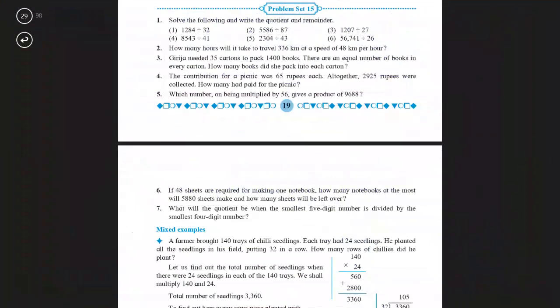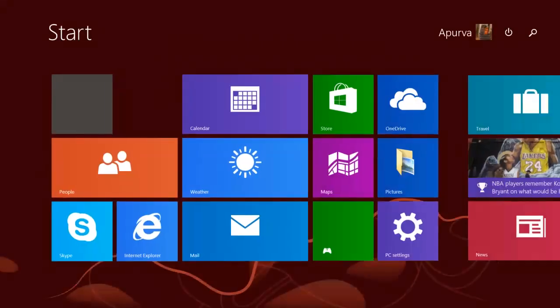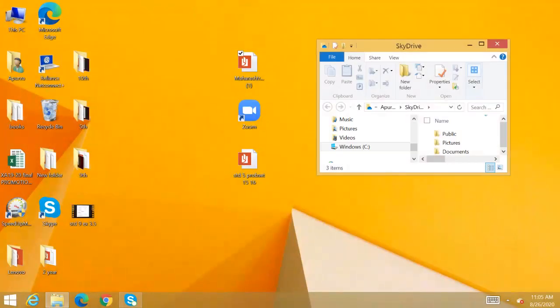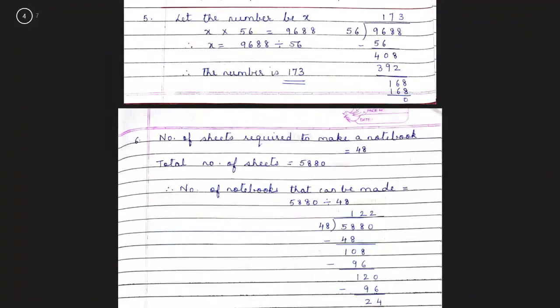Question number 5. Which number on being multiplied by 56 gives a product 9,688? So that's your question. There is a number which when multiplied by 56, the answer should come 9,688. So we don't know that number, let it be x.